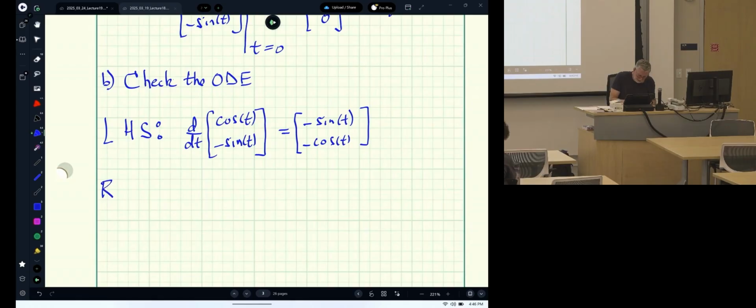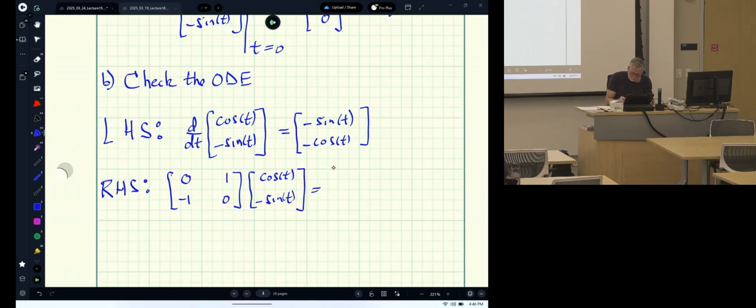The right-hand side of the differential equation, we have the matrix 0, 1, minus 1, 0, that has to multiply x of t. Okay, so we use the finger tracing method.